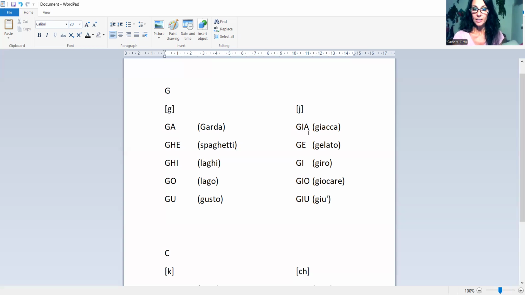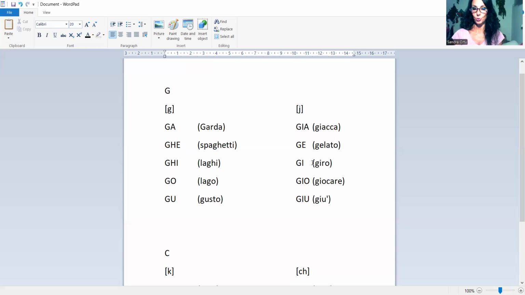So here we have giacca. This is giacca, which is a jacket. We have ge, and think about gelato. Everybody knows what a gelato is. We have gi, an example of the gi in a word is giro.